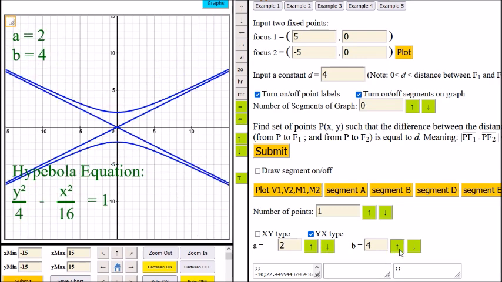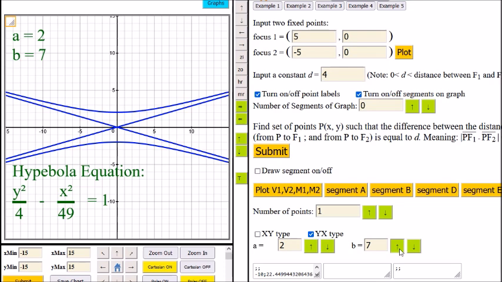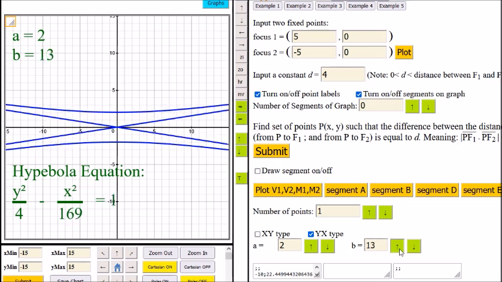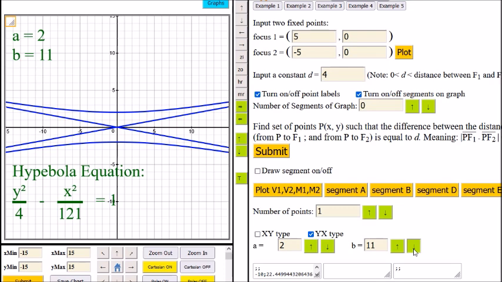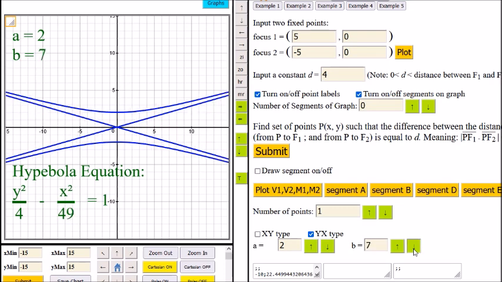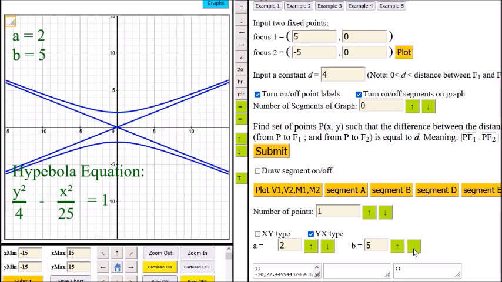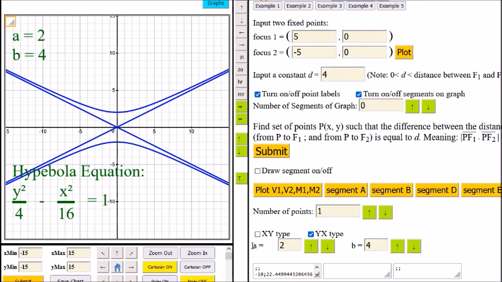And now let's vary b. And here we're back at y squared over 4 minus x squared over 16 equals 1. And that's the end of the video.